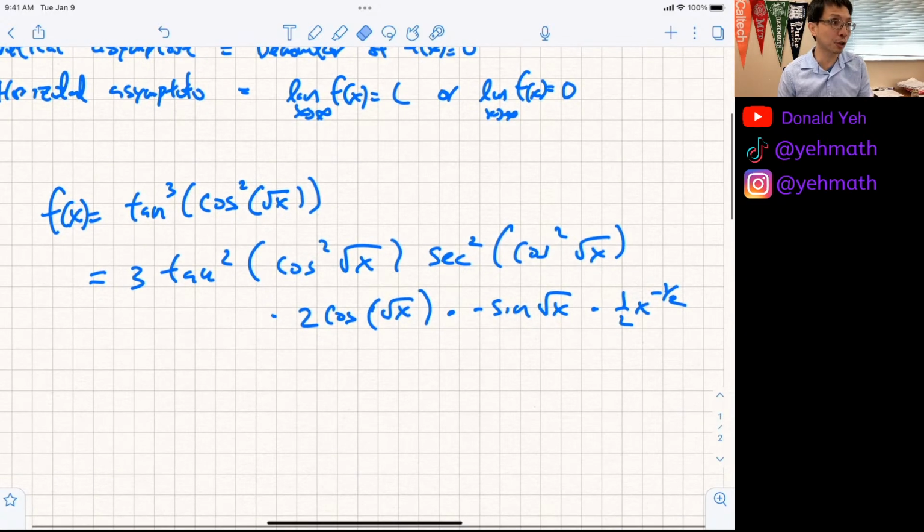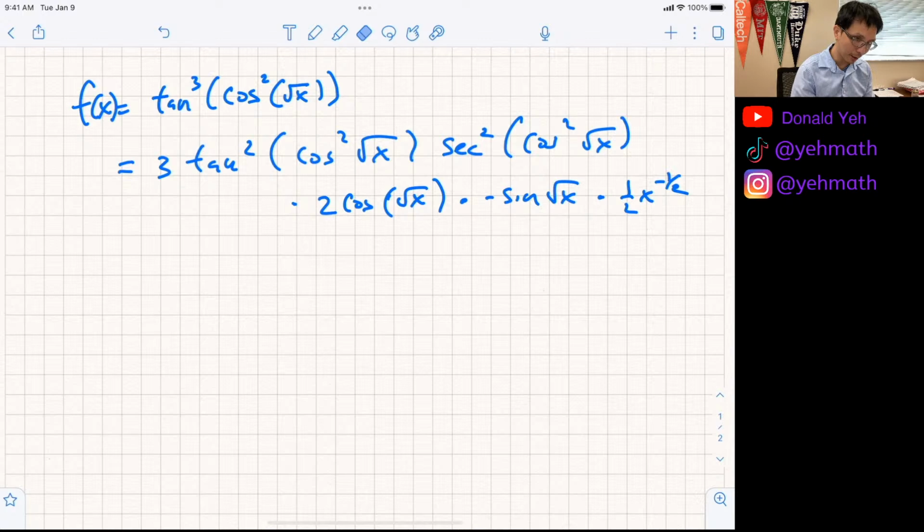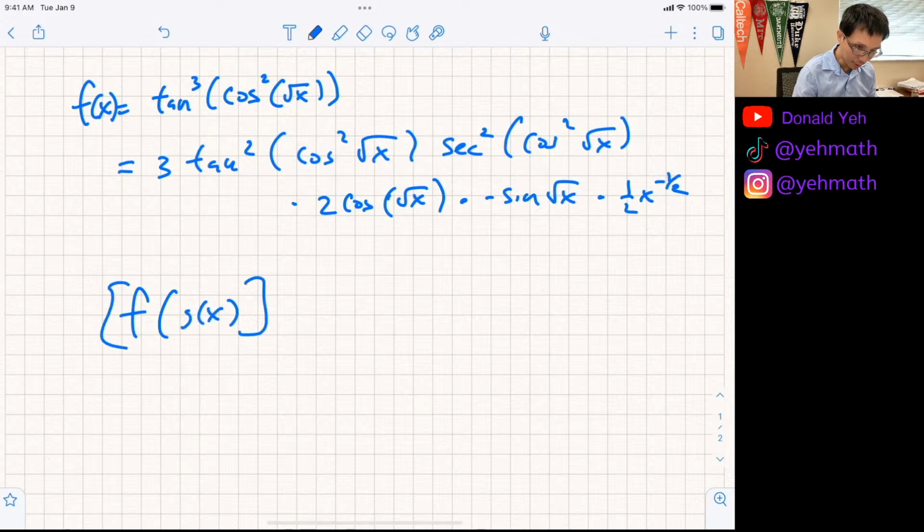Okay, so, all right, this part is good. So then you should know how to do things generically. If I have f of g of x, all squared, you should know how to take a derivative of this generically.